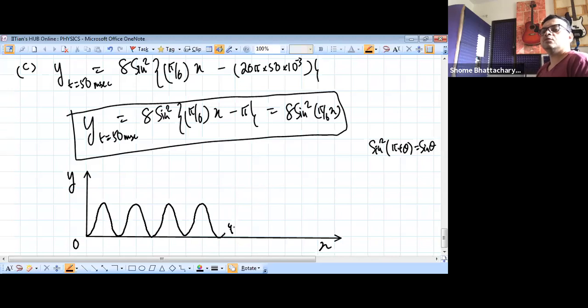This was the shape at t equal to 0, where we saw that this was 3 meters. So therefore this became 9. This became 15. Like this.